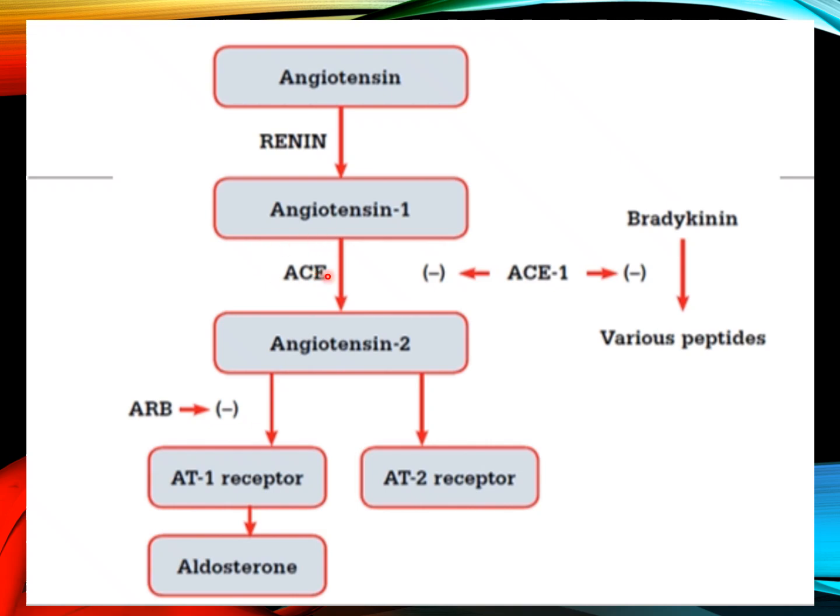So here, even though ACE is released by the lungs, converting angiotensin 1 into a potent one, which is angiotensin 2, which is supposed to do the work of vasoconstriction and retention of sodium and water to increase blood pressure, this will be produced, but a blocker of this drug class will go to the AT1 receptor where this angiotensin 2 is supposed to bind and cause vasoconstriction as well as sodium and water retention.